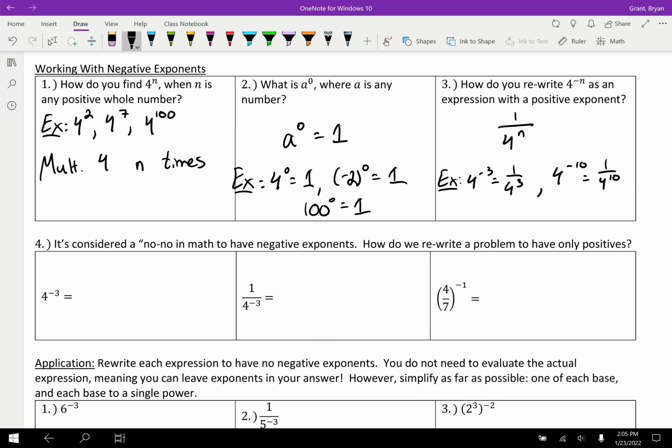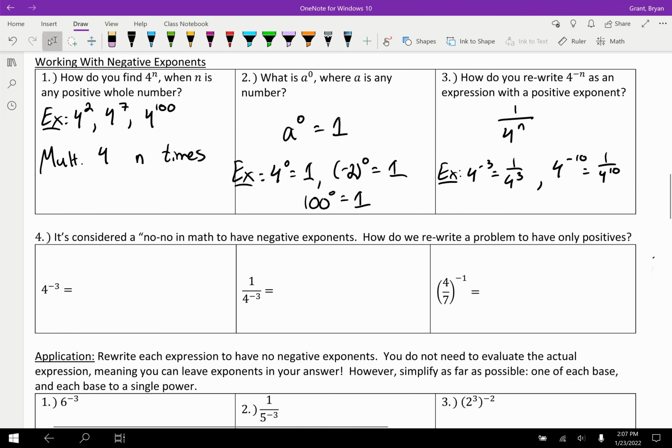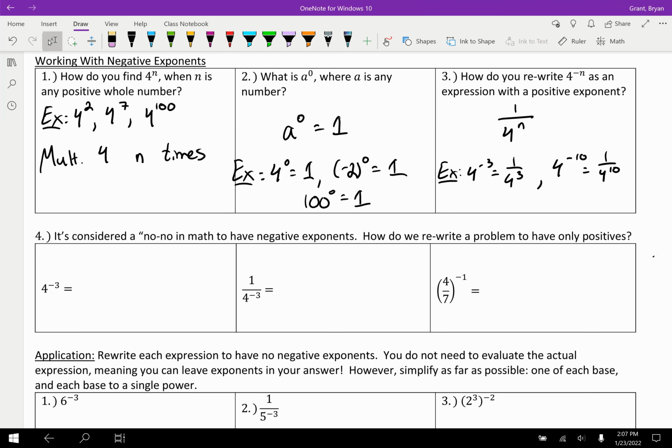Now, math has been around for a long time, and calculators have not been around for a long time, right? Calculators have only become really prevalent, really popular in the last, I'd say even 10 or 20 years. They've been around for 50 or so years at this point, probably more than that.